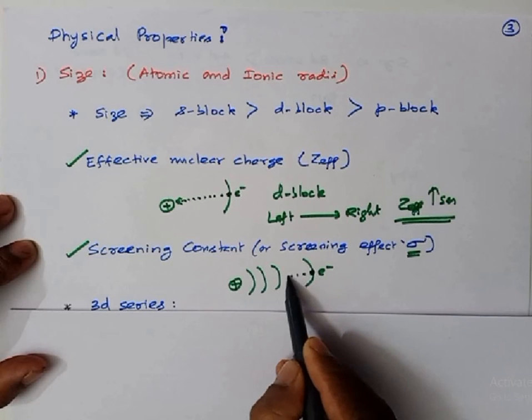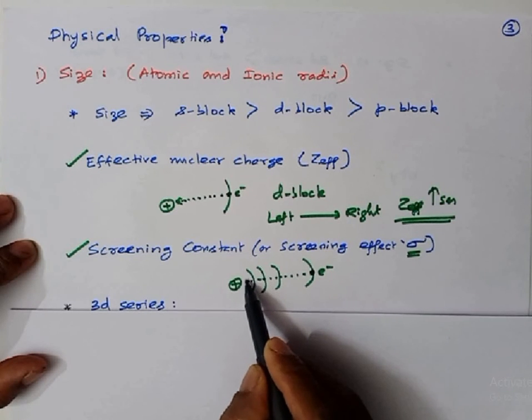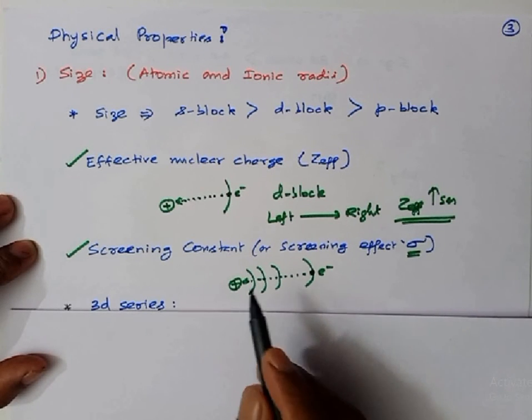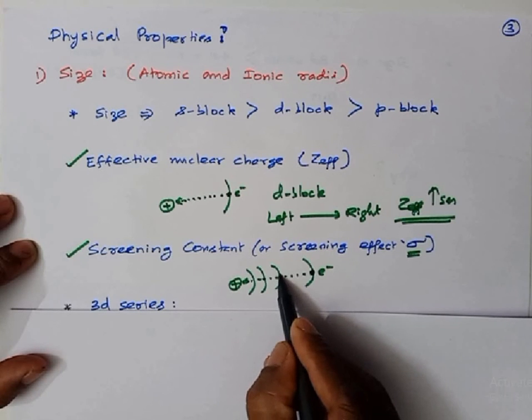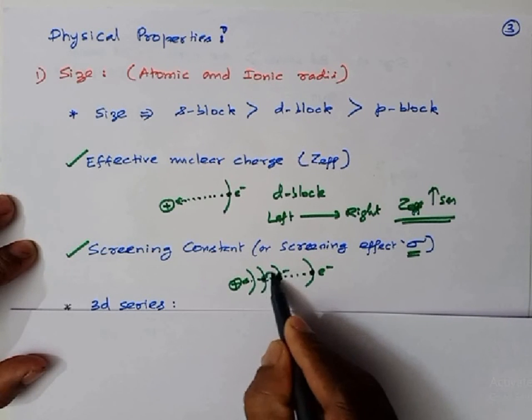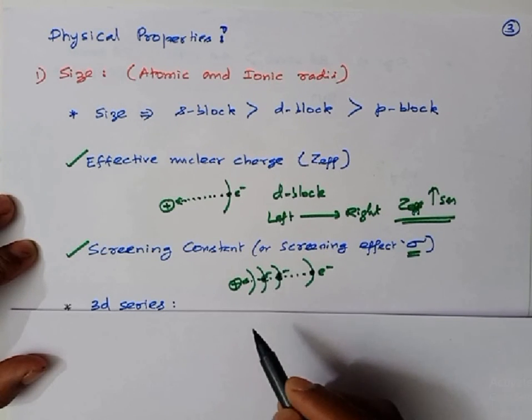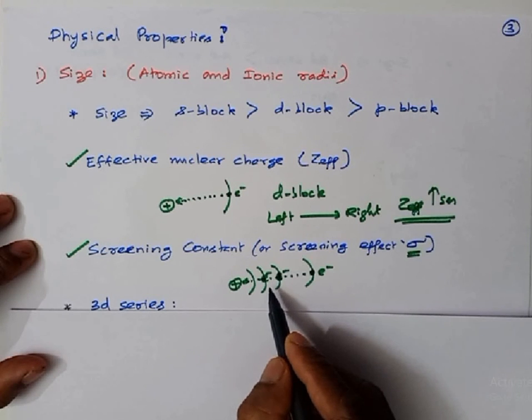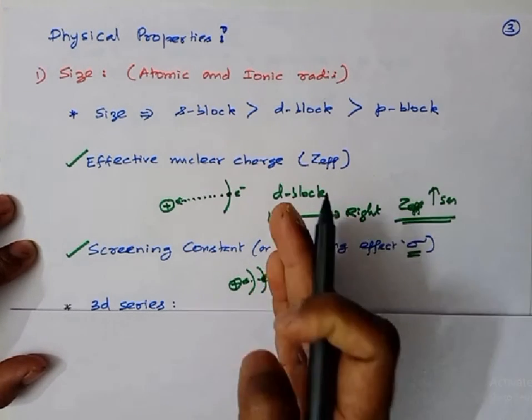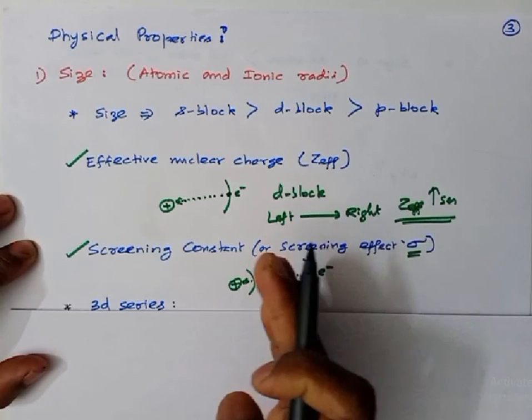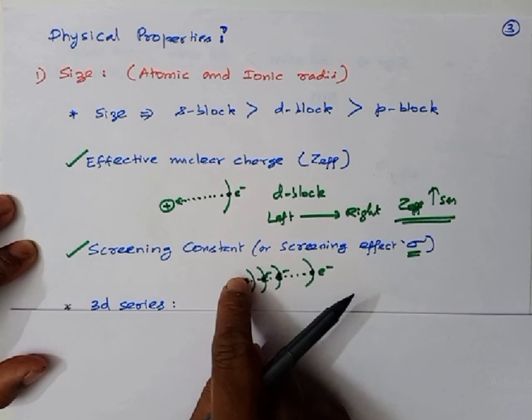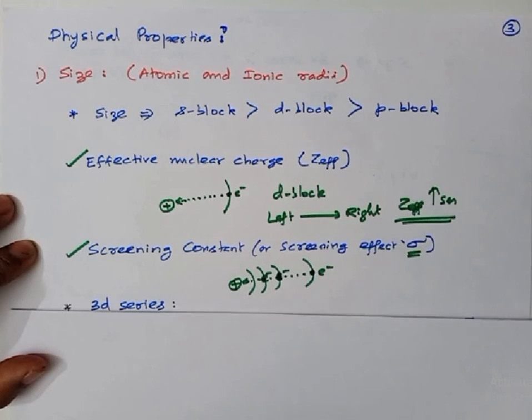But if you have electrons in the inner shells, these electrons will screen the outer electron from the nuclear attraction.